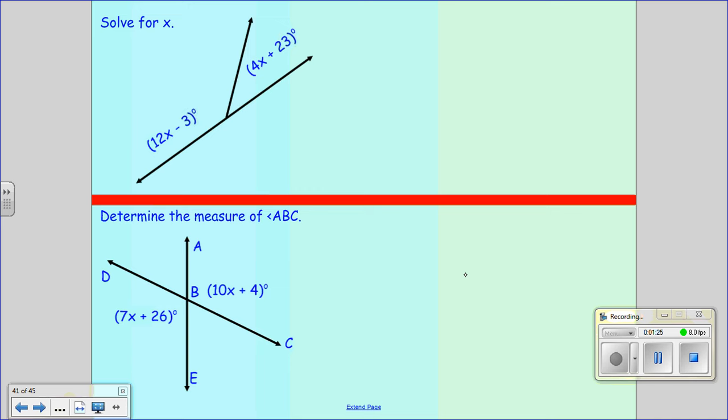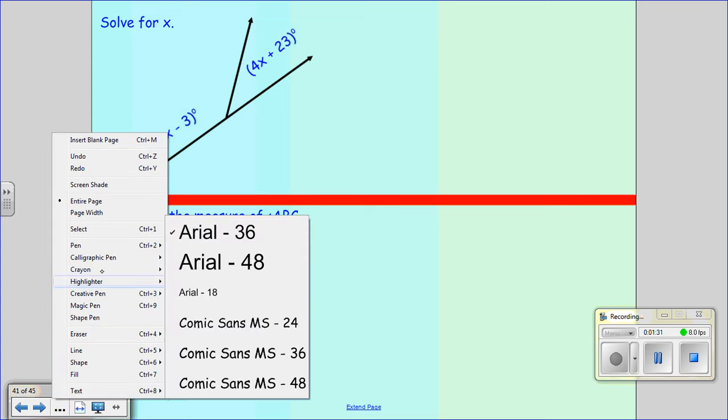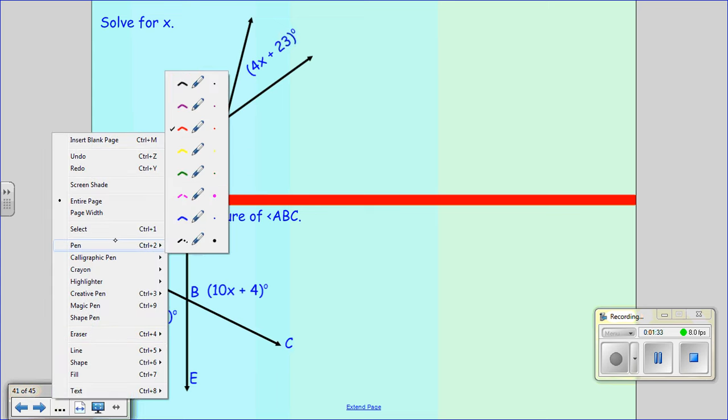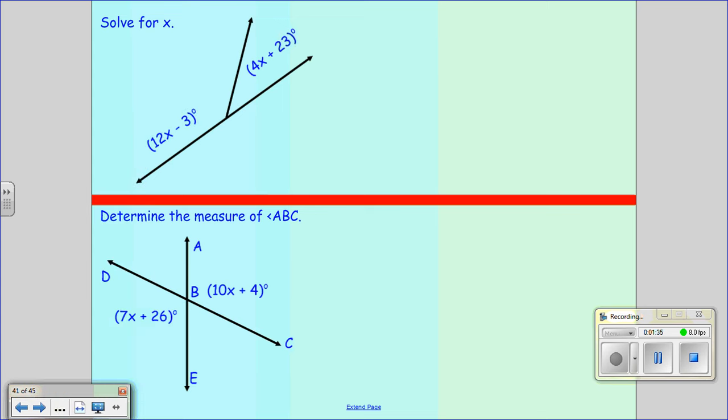So the first problem, we're going to solve for x. We have to go back and think about what kind of relationship these two angles have with each other. This angle and this angle are obviously not the same measurement. One looks much larger than the other. So they're not congruent, so they can't be vertical.